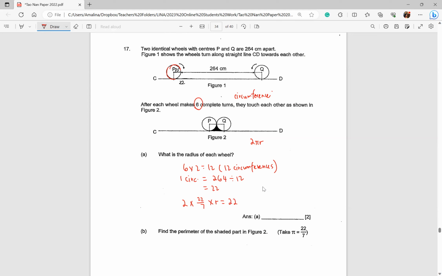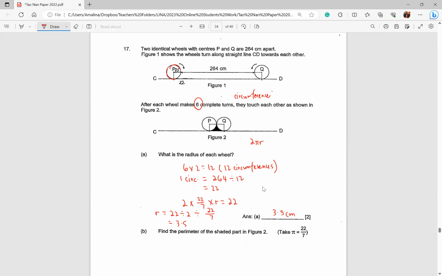So you have to work backwards. To find for radius, I will take my 22, divide by 2, divide by my 22 over 7. So that will give me 3.5 for my radius. So my answer for part A is 3.5 cm.